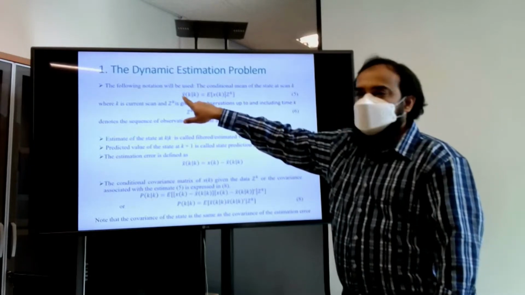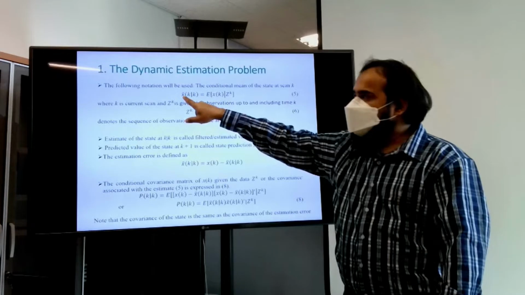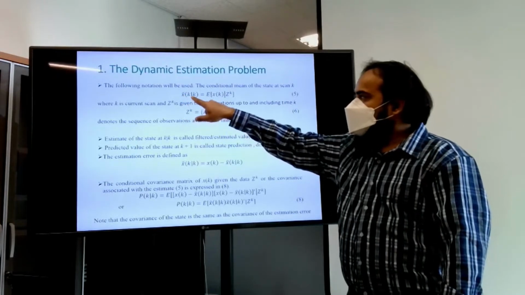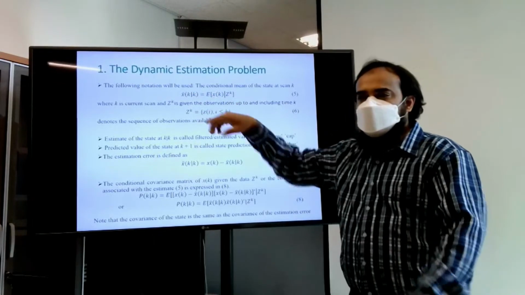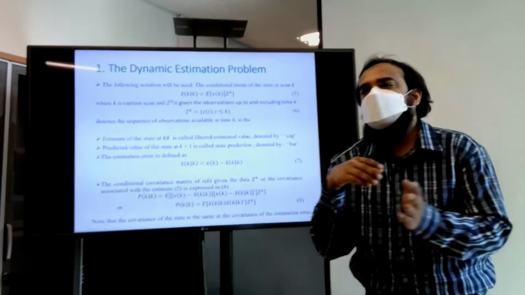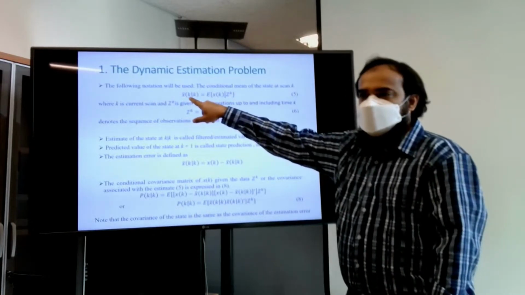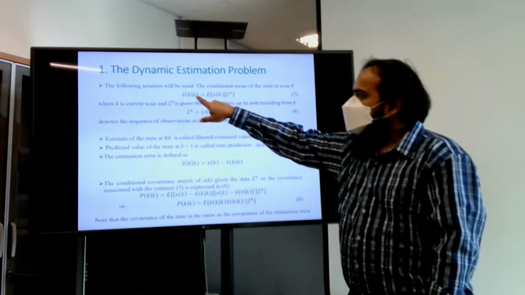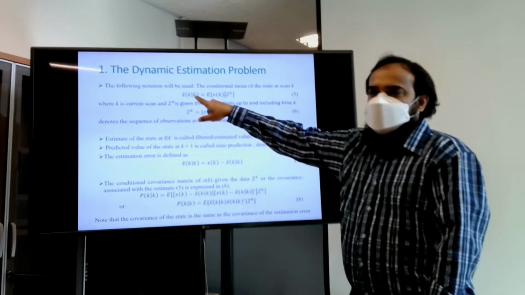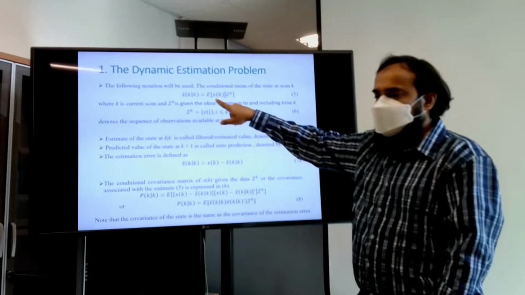So what is the estimated value of x at scan k given the k measurements? You already have the k scan, and now you are estimating x of k. So it means you already know the measurements, and you have already calculated the expected value from the initial scan up to k.